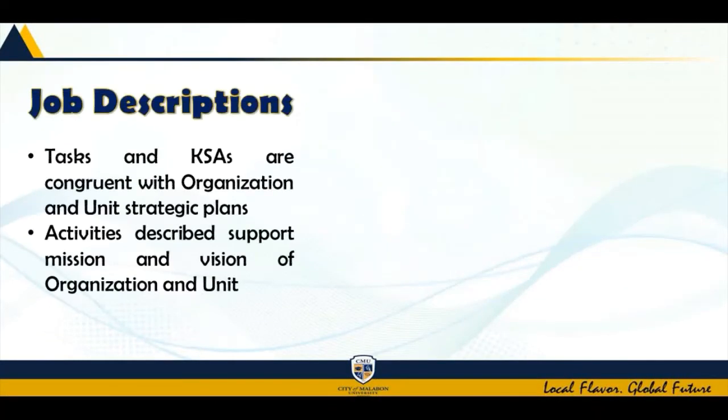Now, let's take it one by one. First is the job description. Once we talk about job description, these are the tasks, and the KSAs are congruent with the organization's and unit's strategic plans. The activities described in the job description also support the mission and the vision of the organization and the unit.